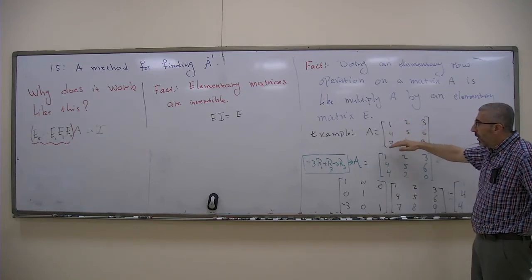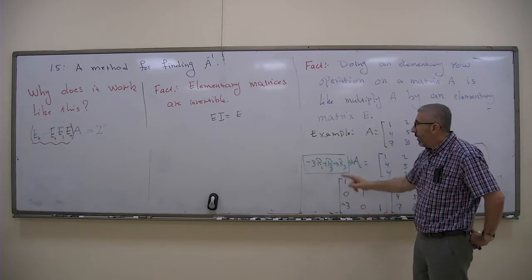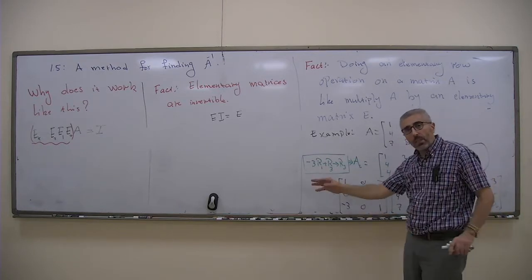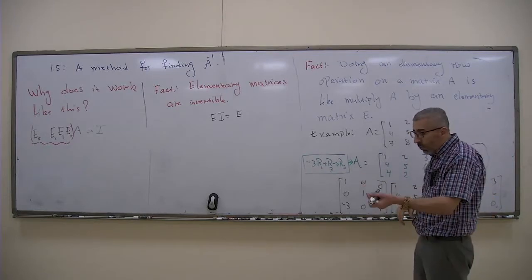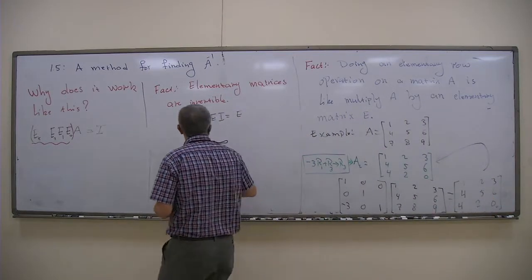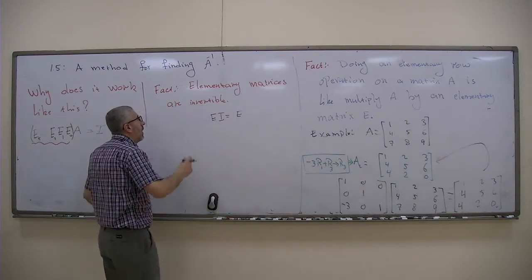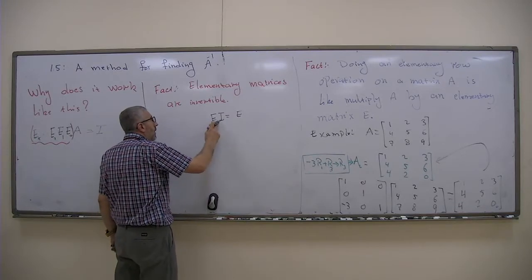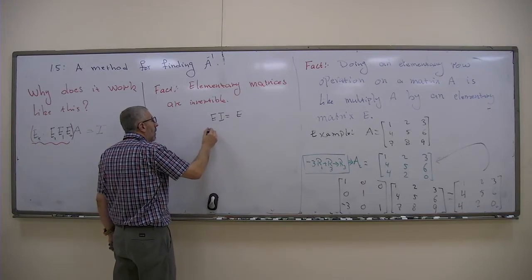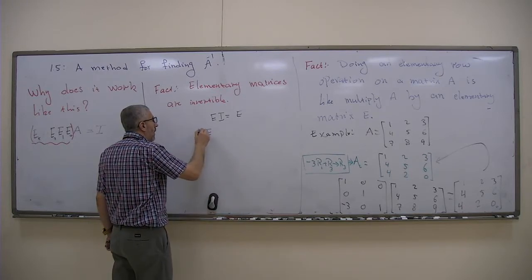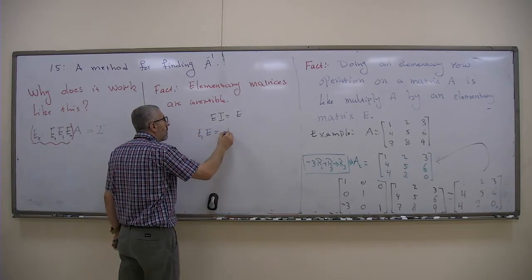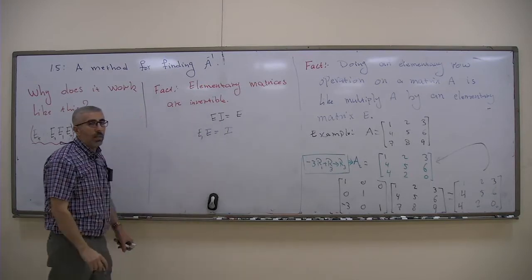Okay? So each elementary row operation here can be reversed. And the reversal here will be multiplying your matrix by another matrix. So basically, you have E, you do a reversed step, you multiply it by E1, and in that case, you reverse it back to the identity.